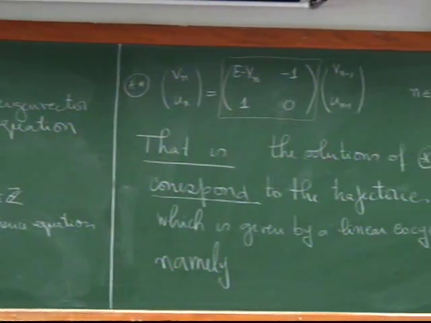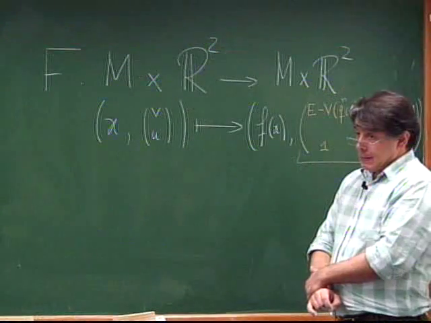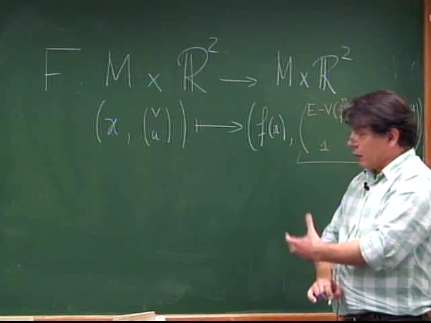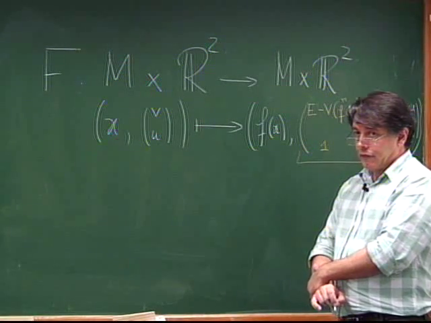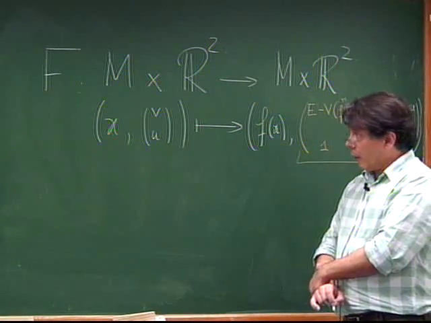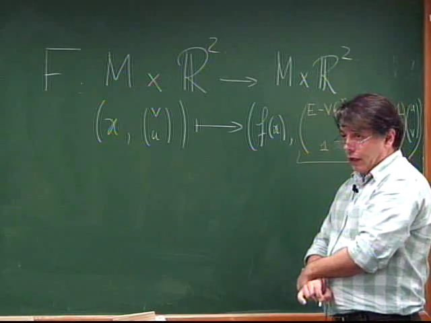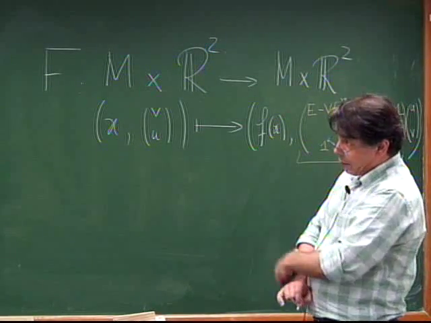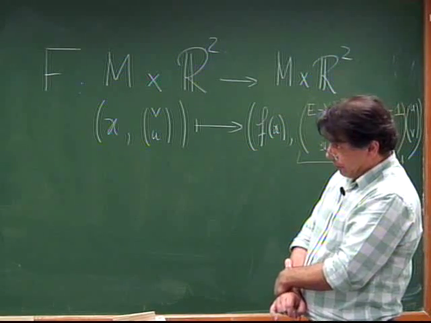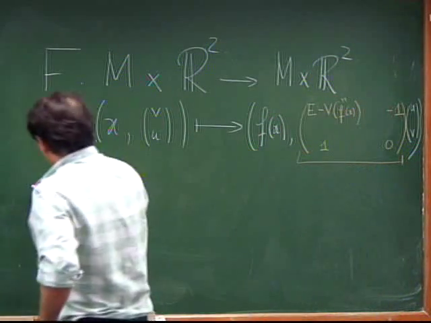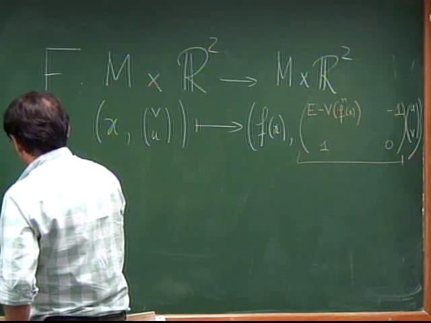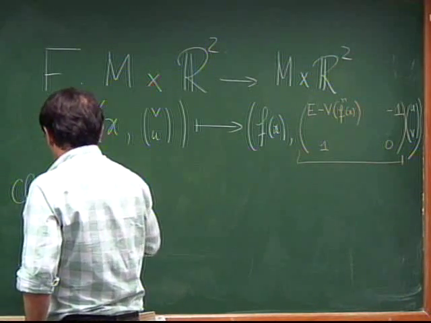Okay, and then why is this useful? I'm going to give you one example, one kind of statement where one can use the theory of linear cocycles that we are going to develop to say things about the spectral theory. So, claim, and this will become more clear in the future.